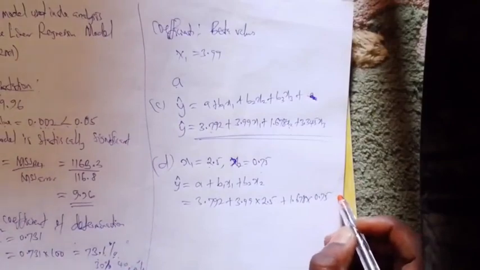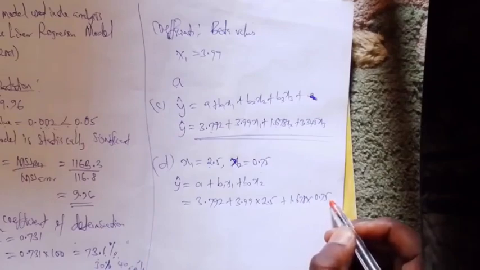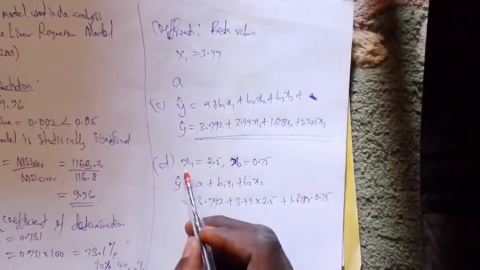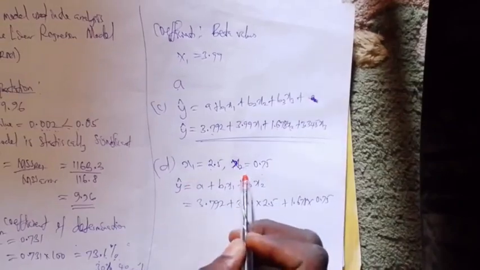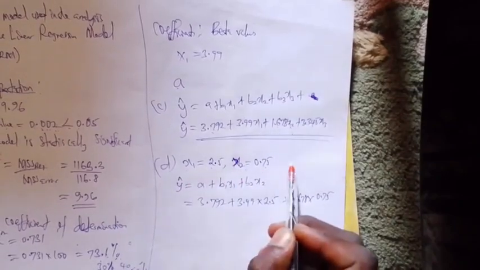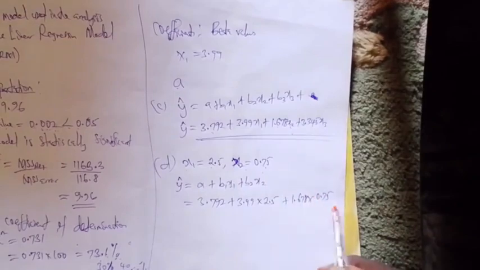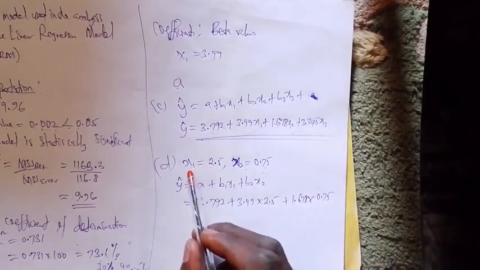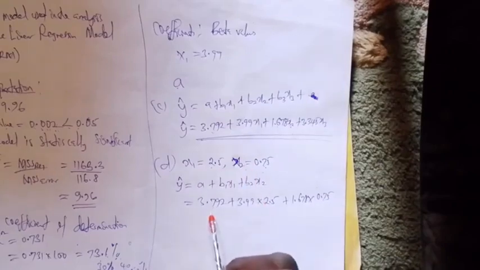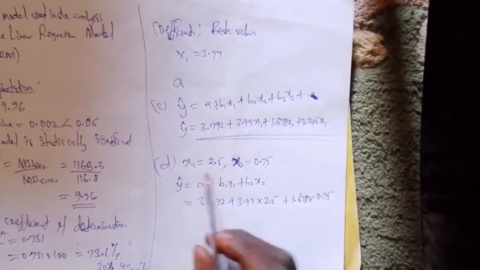Now some of you might ask, why didn't we include x3? The reason is that right from the question, only two independent variables are given. If you are given x3 as well, then you include it. But in this case, only x1 and x2, so we are limiting ourselves to these two independent variables.